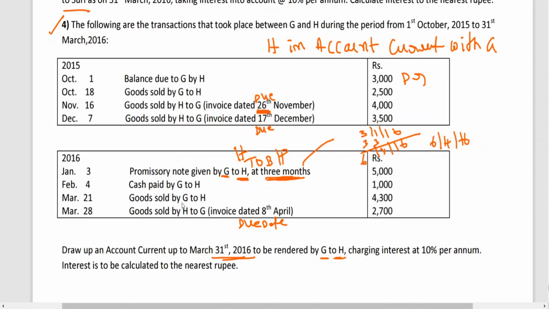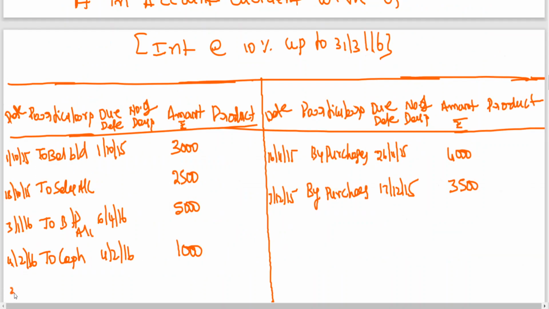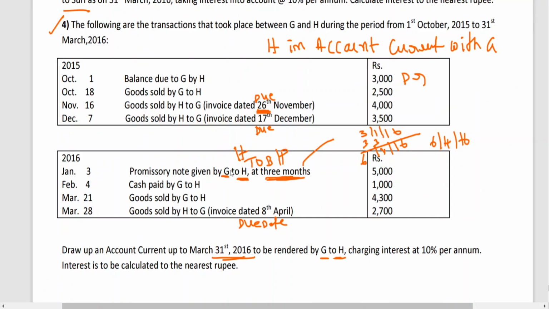Goods sold by G to H. Who is the receiver? H is the receiver, and G is the giver. Purchase or sales? Come on. Goods sold by G to H. H is the receiver means we are opening H account now. It is sales. H account Dr to sales. To sales. Is any due date given?